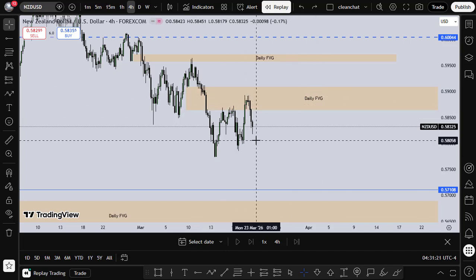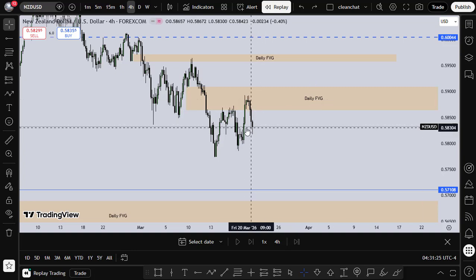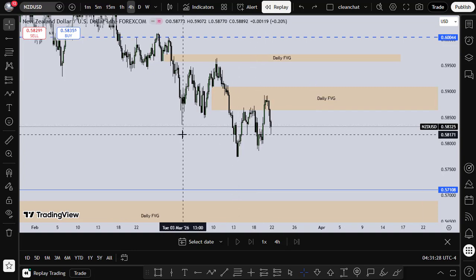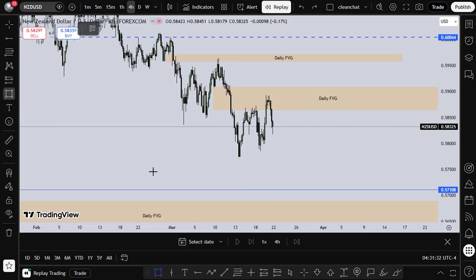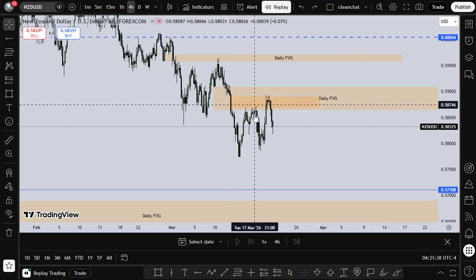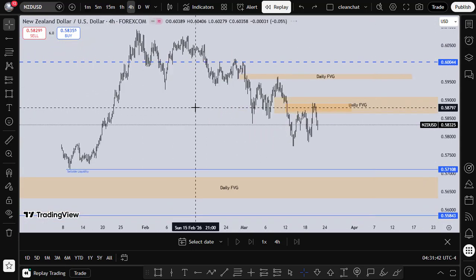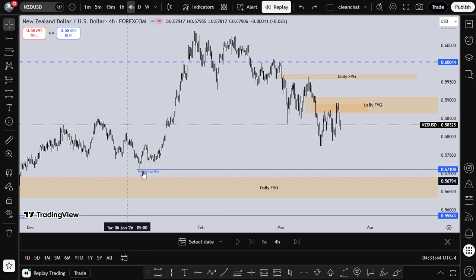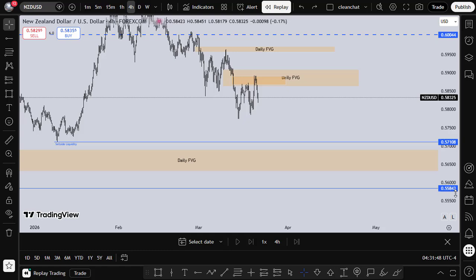We had a high on Thursday and then a drop on Friday. There's a fair value gap here, very nice. Let me outline it so that you can see this level here, very clean, guys. So that's all about the NZD USDT long term. I'm looking at the sell side, and this daily fair value gap is my draw on liquidity.